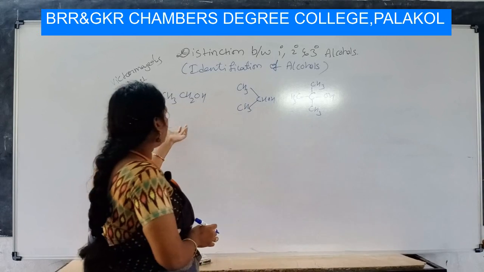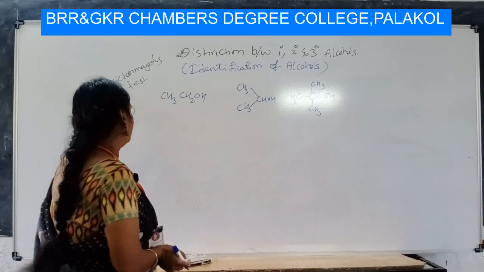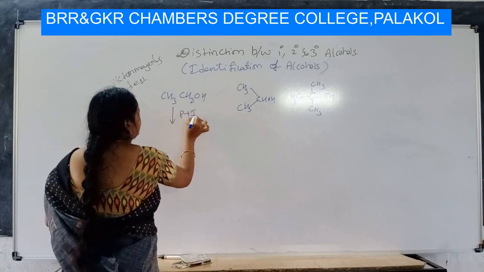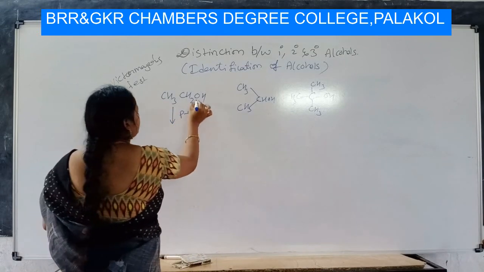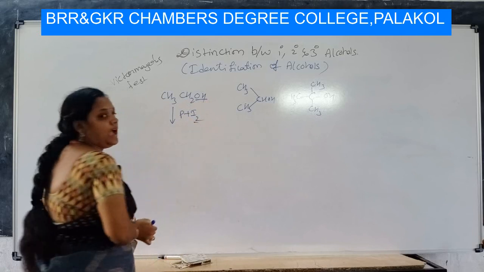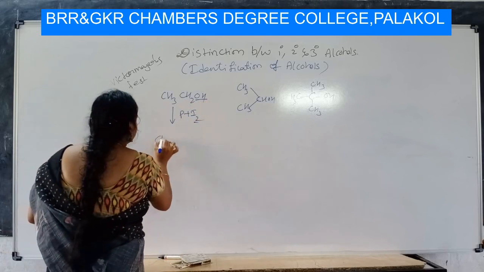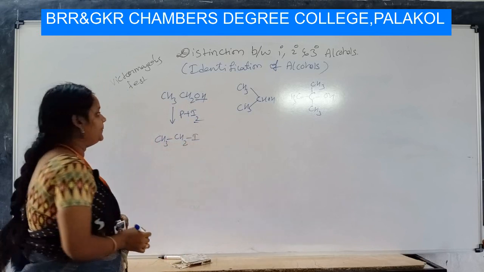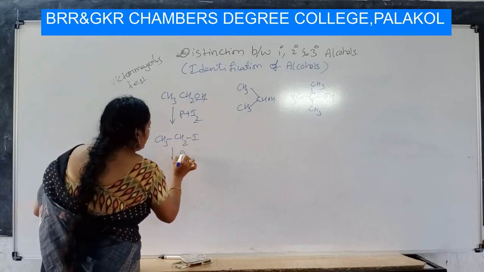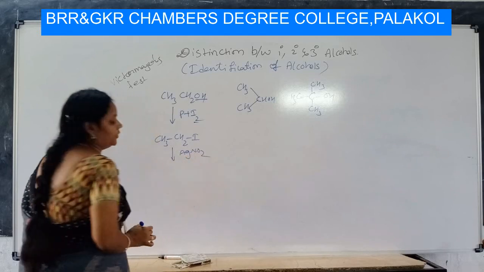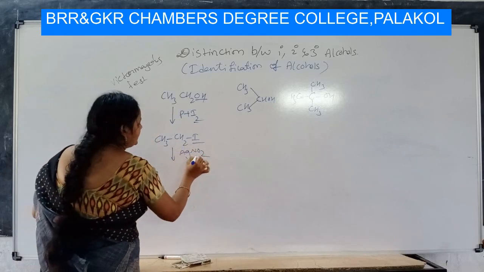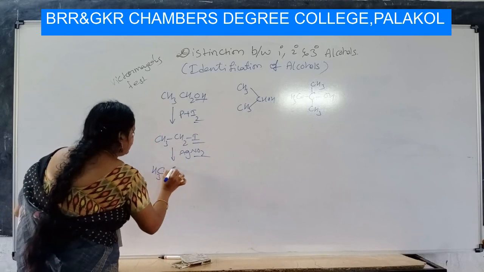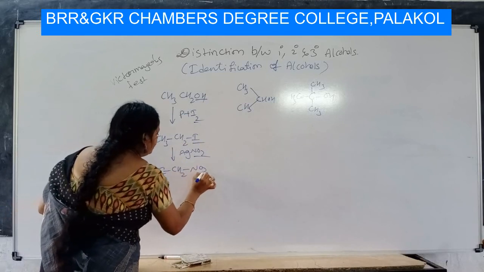If you take these, Victor-Meyer's test means first you have to add phosphorus plus iodine. The OH group will be replaced by iodine, so you will get CH3CH2I. And again you have to add AgNO2. Here the I group is replaced by NO2, so you will get CH3CH2NO2.